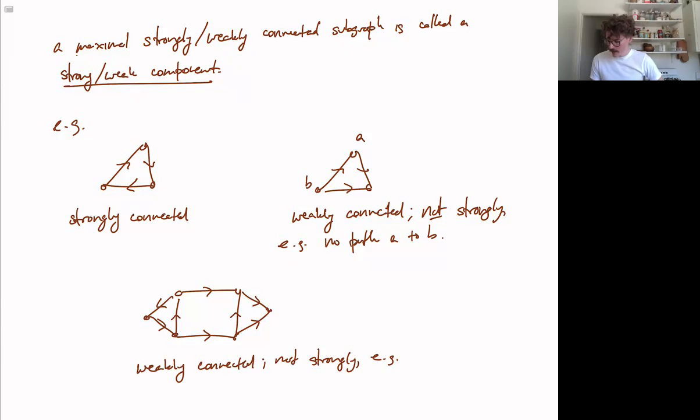So for example, because these two middle edges are both going to the right, we'll never be able to get back from that side to this side. So that is telling us that this and this are not strongly connected because you can only go one direction. So for example, if this is A and this is B, there is no path from A to B.